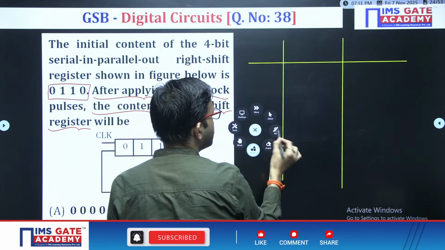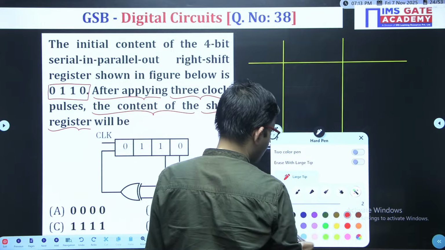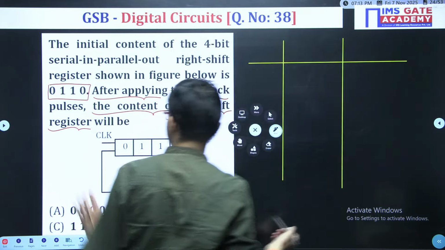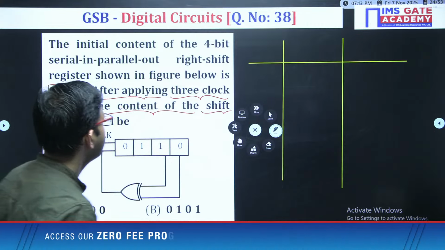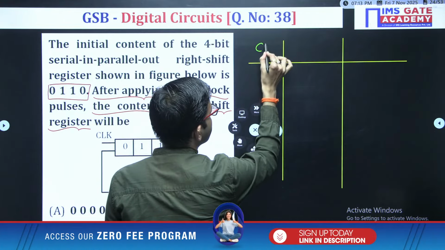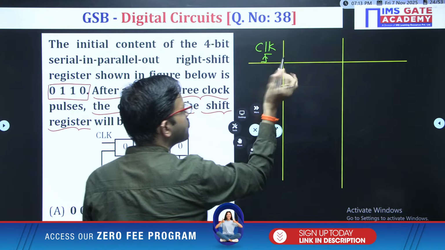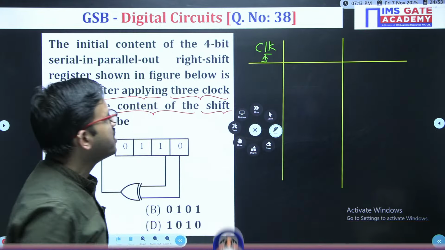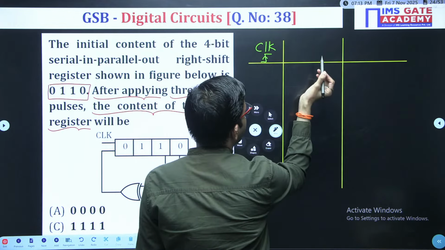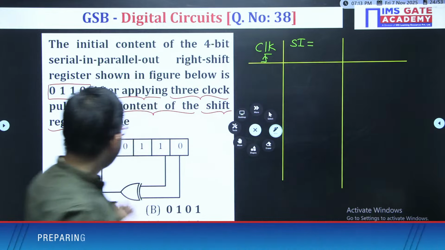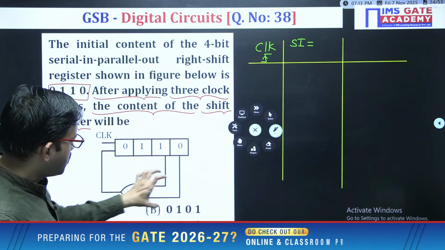Regarding the clock signal, you can assume it is a positive edge, or if you want you can consider the negative edge, no problem, whenever it is not mentioned in the block diagram. For the timing I am assuming the positive edge of the clock signal. The final answer will remain the same. Here the serial input is the output of this XOR gate.